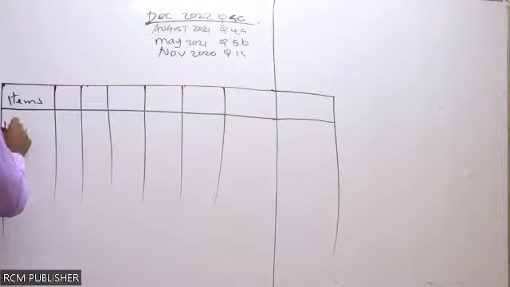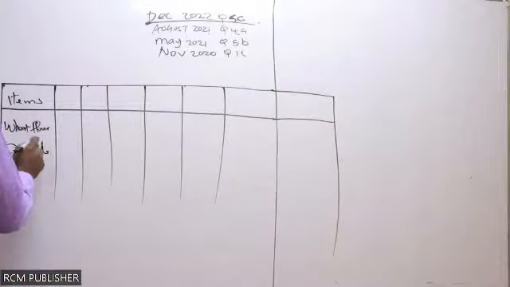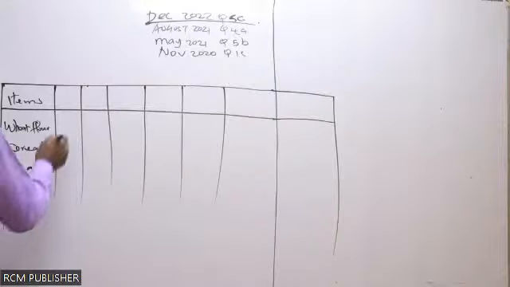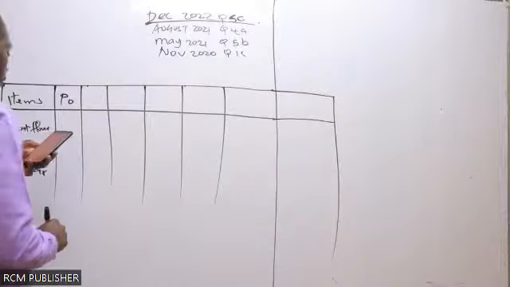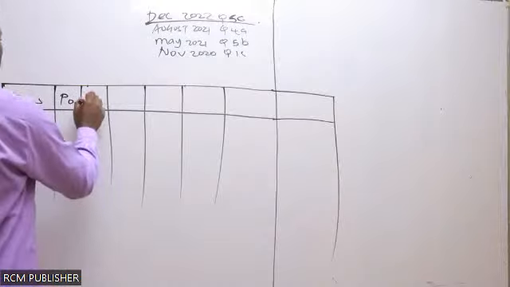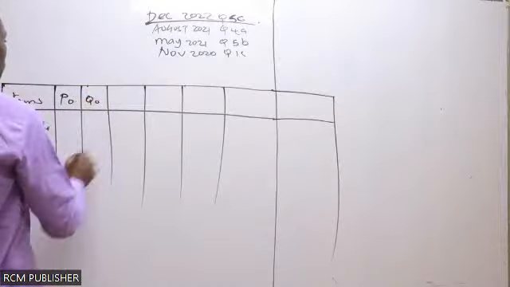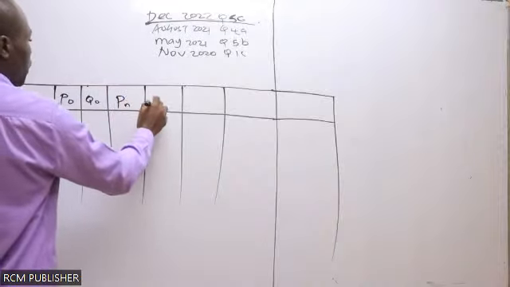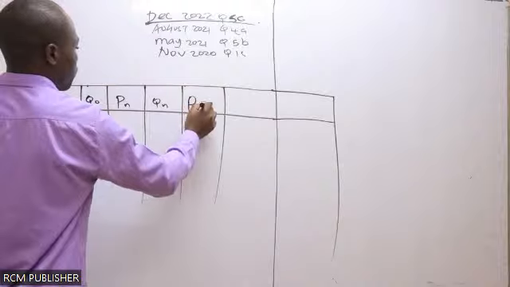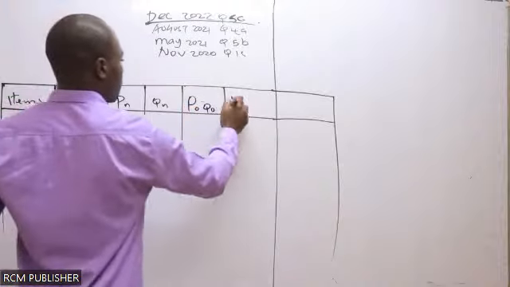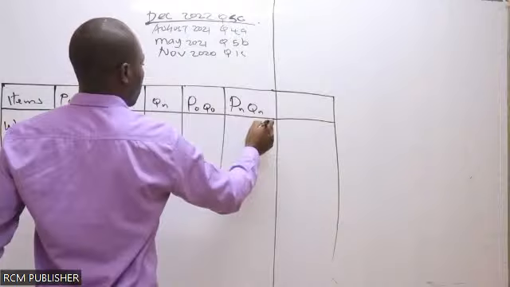So we have wheat flour, we have cereals, we have sugar. So PO, the price in the year 2020, which we have been told is the base year, we need to have QO. QN will be somewhere. Then PO, QO, QN, QN.